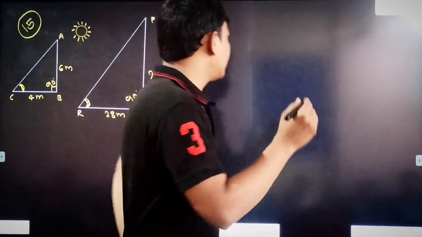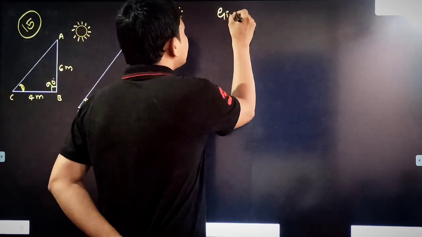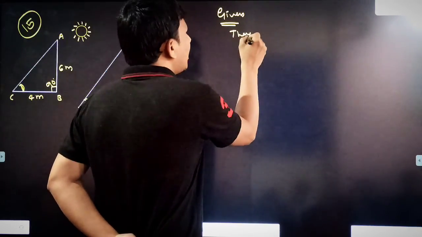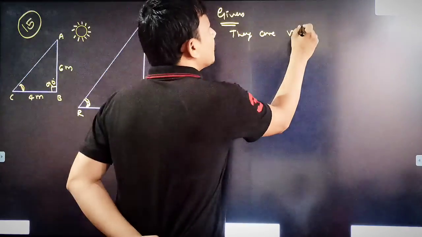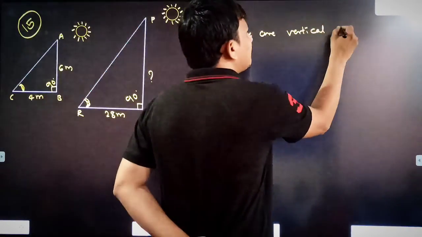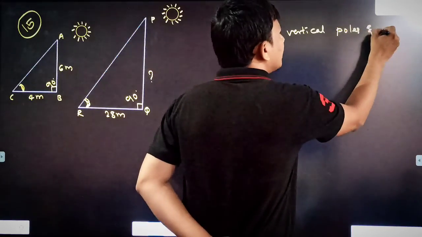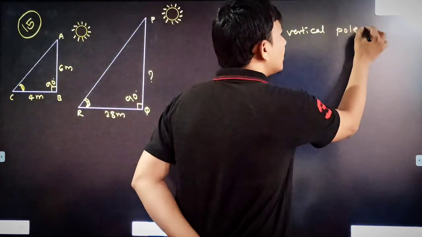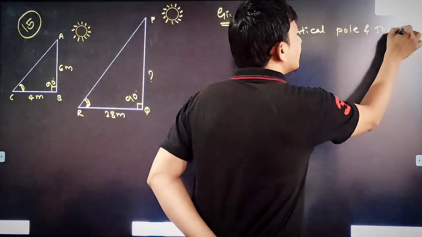Understood? Look here. Given, they are vertical poles and towers. They are vertical pole and tower.